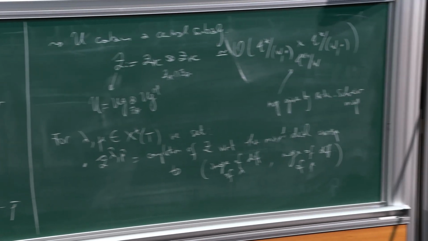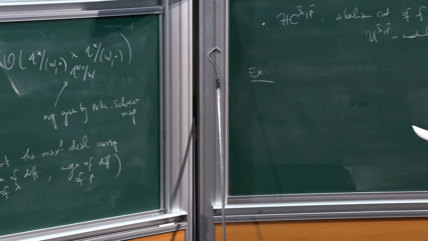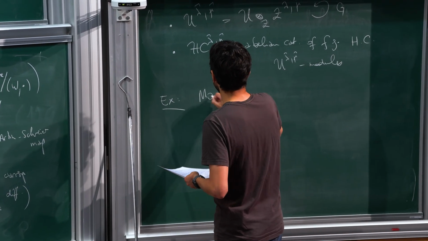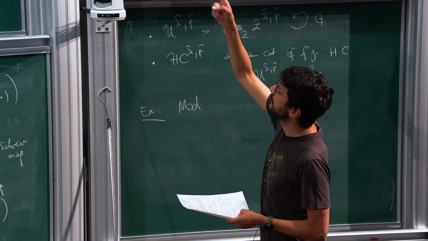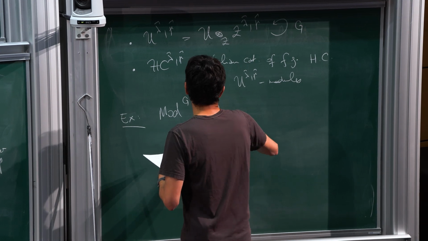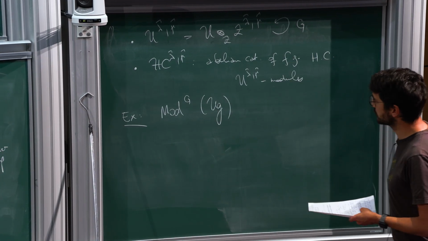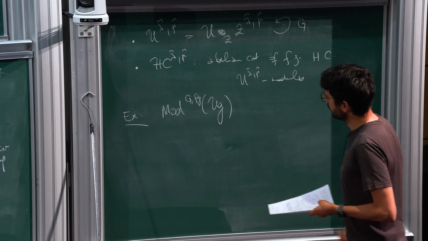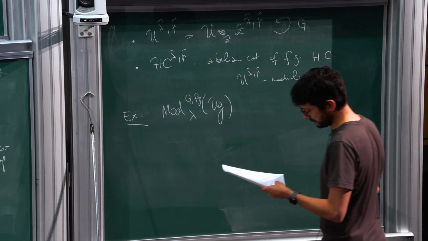So these things with completions appear when we consider the following situation. Now I go back to my category of G-equivariant UG modules, but now I want to restrict to finitely generated modules, and I want to add some lambda.